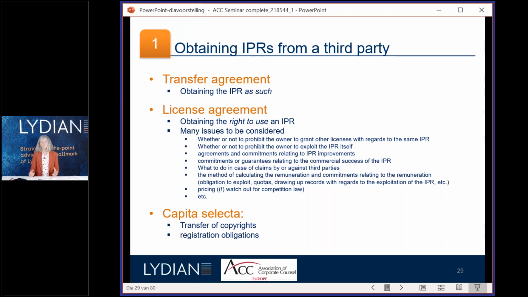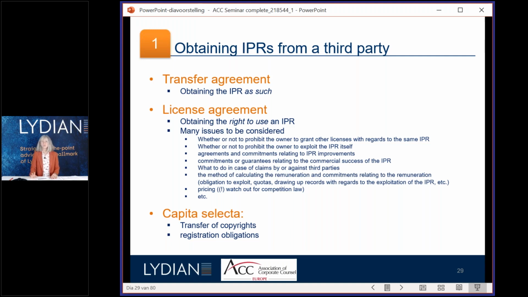If you have a license of software and you develop another specific software that can also be protected, are you the owner, or does the ownership remain with the one who granted the right to you? It's a very tricky part, and you have to make sure that this is very clearly mentioned in your agreement.